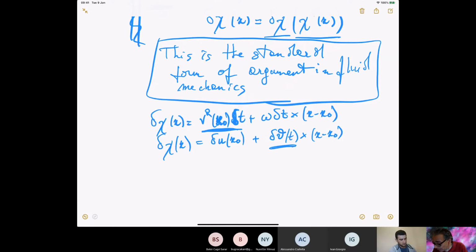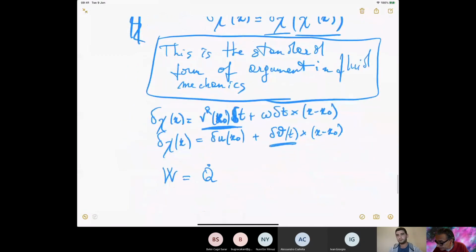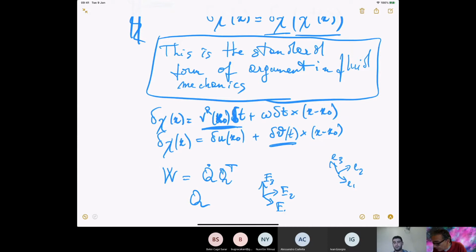Because this W is Q dot Q transposed, and Q maps capital E1, capital E2, capital E3 into their actual configuration, if you remember, in a rigid body motion.